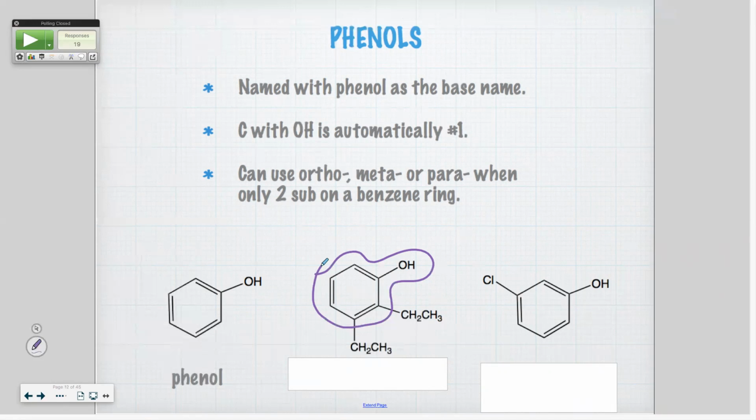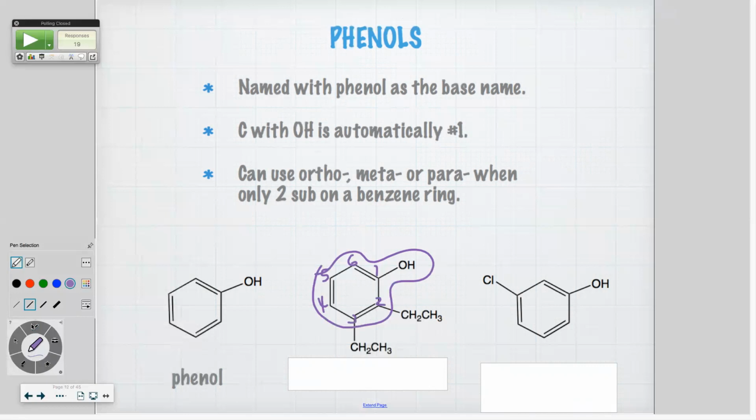Now, what carbon do you think is number 1 though? The one with the OH. So do you want to go clockwise or counterclockwise? Clockwise. Okay, so it's going to be 2,3-diethyl phenol.